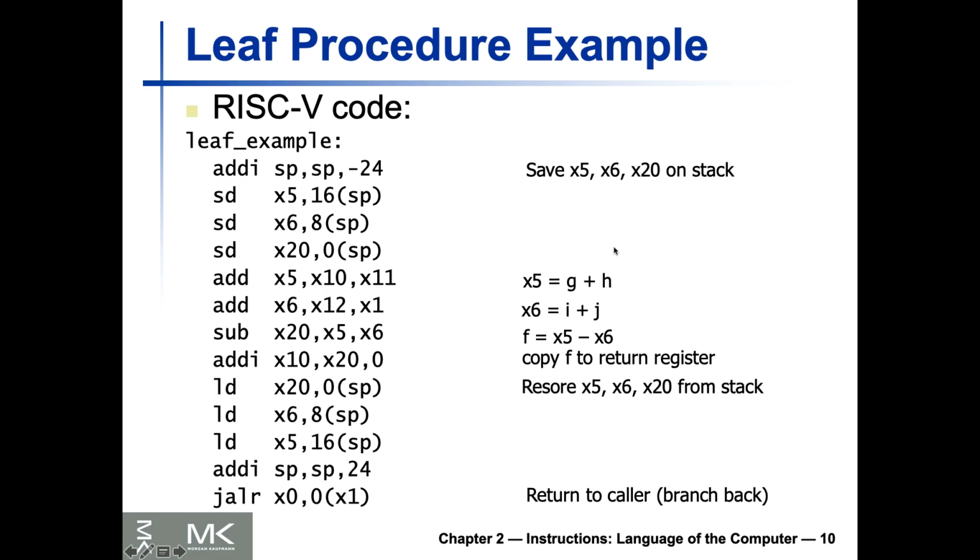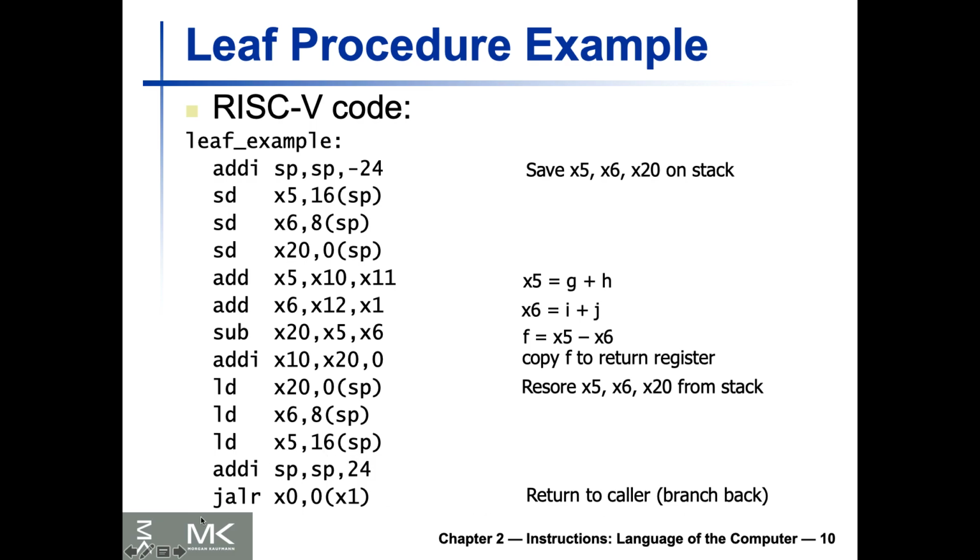We do the add. G plus h will be saved in x5. I plus j would be saved in x6. And the final result would be the subtraction of these two, x5 minus x6, right? And then finally, we're going to restore from the stack. That's why these LDs are the opposite of the STs here, from the address 0, 8, and 16.